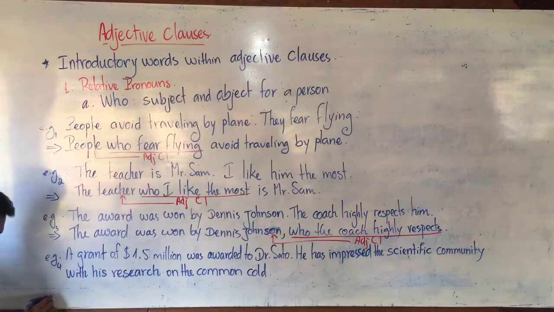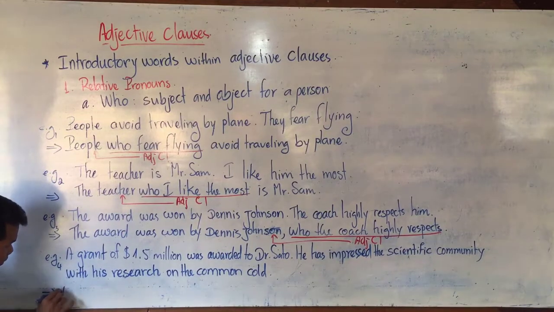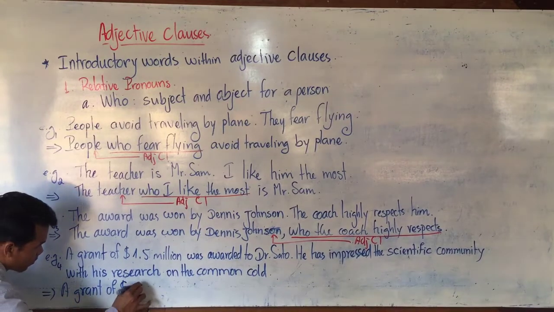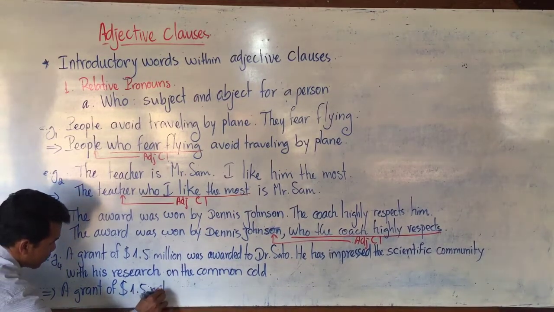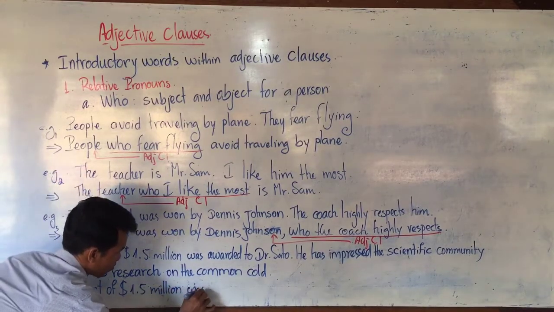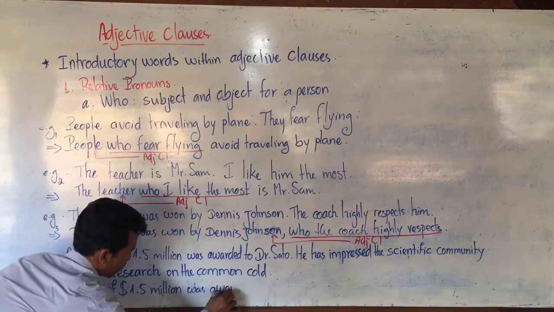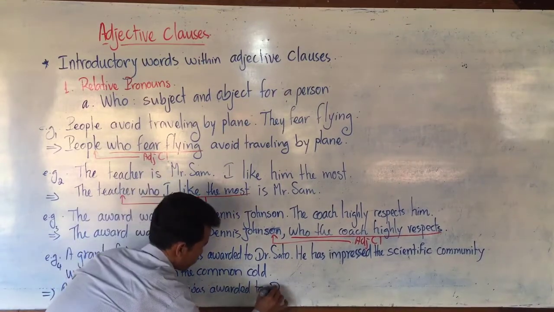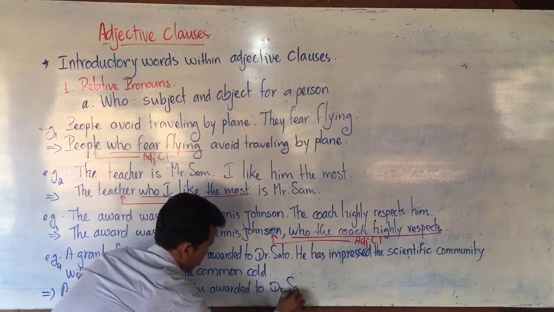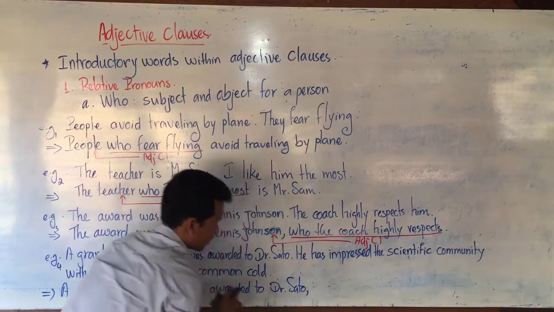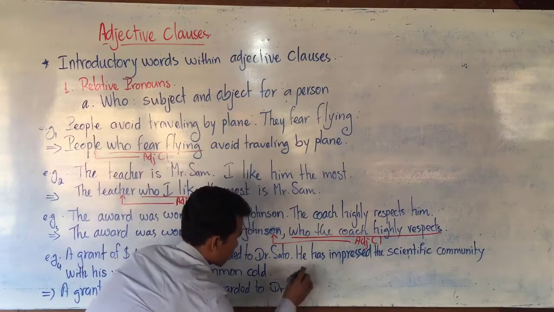That's why we can write the adjective clause like this: A grant of $1.5 million was awarded to Dr. Sato. Dr. Sato is a proper noun, that's why we use a comma. I recall, a non-defining relative clause.